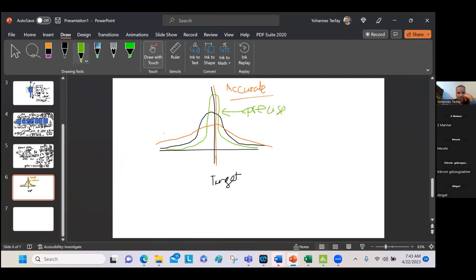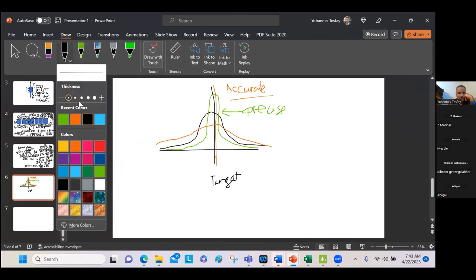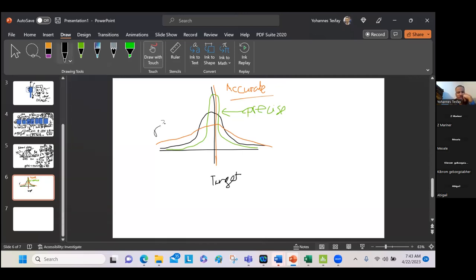Suppose, you see this one, let's say sigma square 2, and this is sigma square 3, and this is sigma square 1.